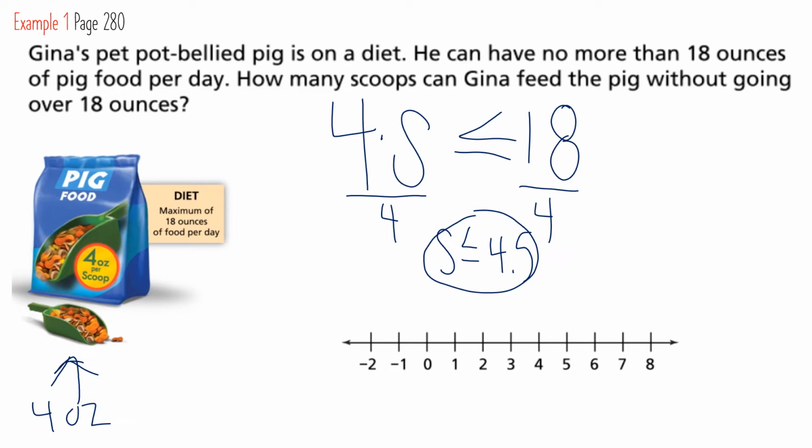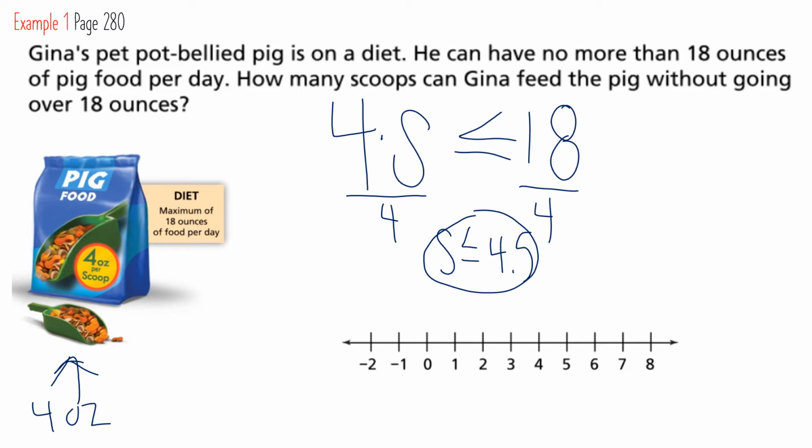For these lessons, you can use a calculator if you have one available to you, and it can be a calculator on a phone also. So she can give her pig 4.5 scoops or less.